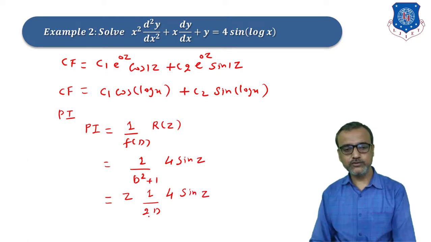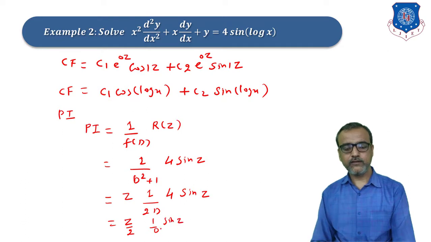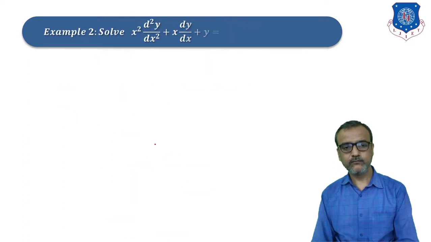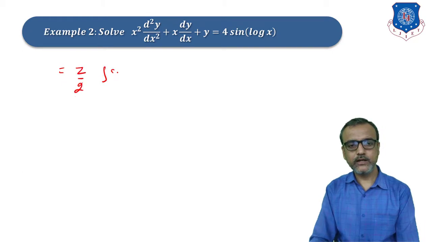Now 4 upon 2 is 2, so this is equal to z times 2 times 1/D sin z. As all of you know that D means derivative, so 1/D means integration. So this is equal to 2z times the integration of sin z dz.